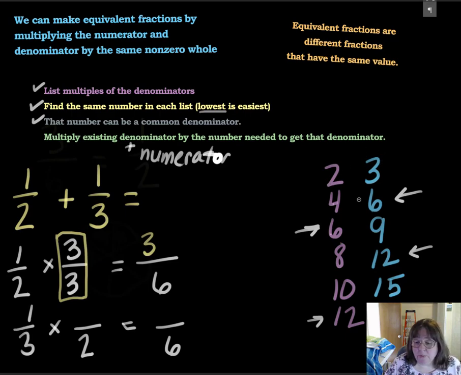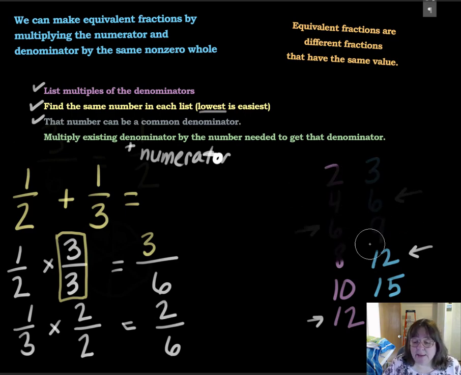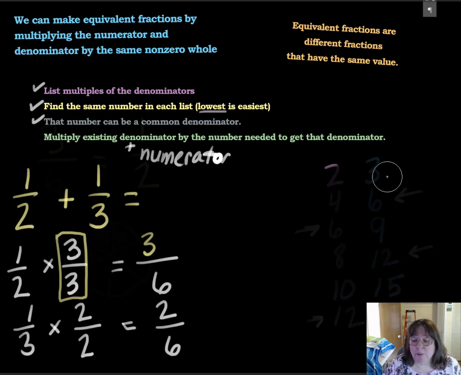Or we could do over here. 3 times 1 is 3. 3 times 2 is 6. Find it either way. We multiply the denominator times 2. We also multiply the numerator times 2. 1 times 2 is 2. In the interest of space, I'm going to erase this so we can now add these together.